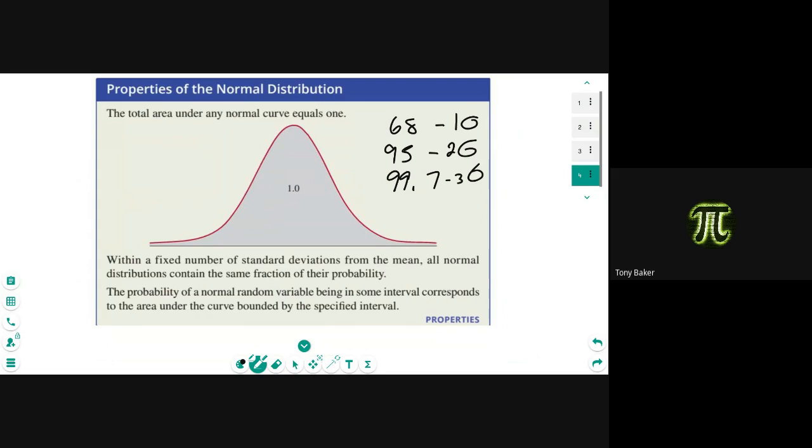That rule works really well if they are 1 standard deviation, 2 or 3 standard deviations. But what if we wanted to find 1.2 standard deviations away? It's not going to help me as much. And that's what we're going to be looking at tonight. But that is a good rule to generally understand, so you can get some good information from it and quickly understand what's going on.